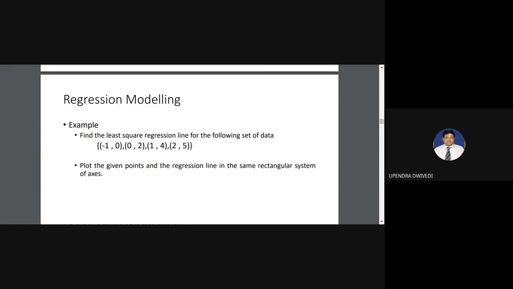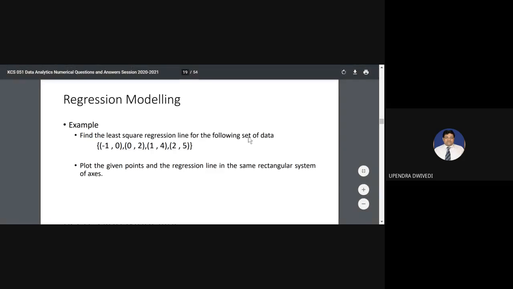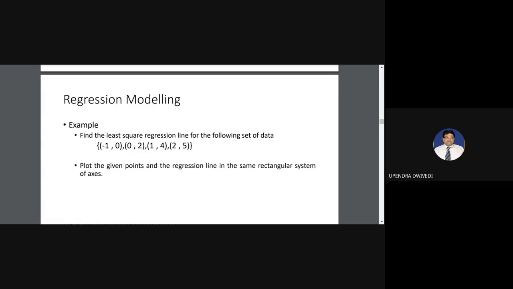So find the coefficients a and b. If you want to plot this equation line in matplotlib, you can refer to the Python code and draw the whole model in Python. Okay, guys, please write down this question, solve it, and let me know the values of a and b.